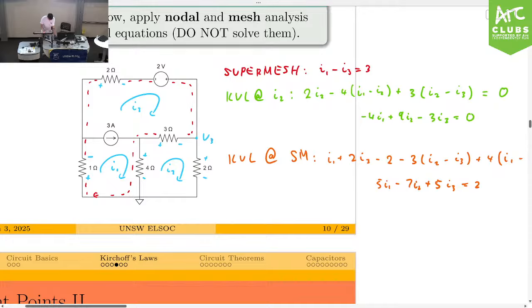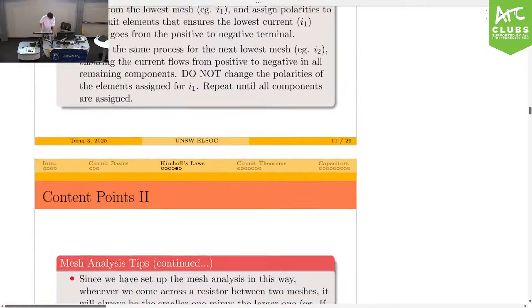If this was V3 here, we can't really treat it as 2 volts because we're not sure what V4 up here was. If we know what V4 is, we know that V3 is just whatever V4 is plus 2 volts. If we know that V4 is 0 volts, then we know V3 is 2 volts. But we're not sure what V3 exactly is. Okay? Hope that answers your question.